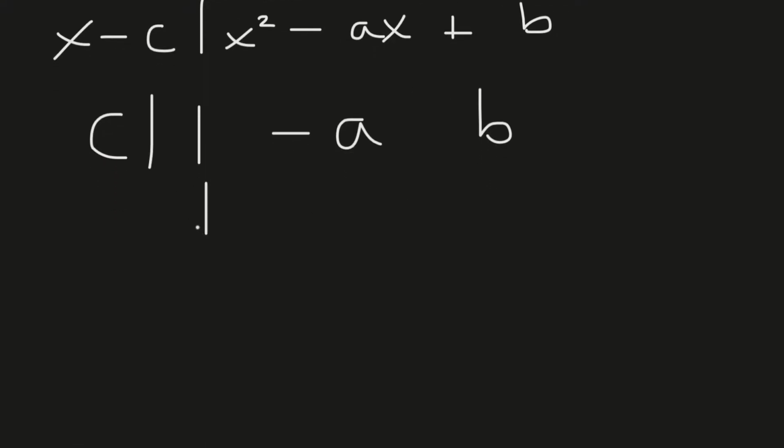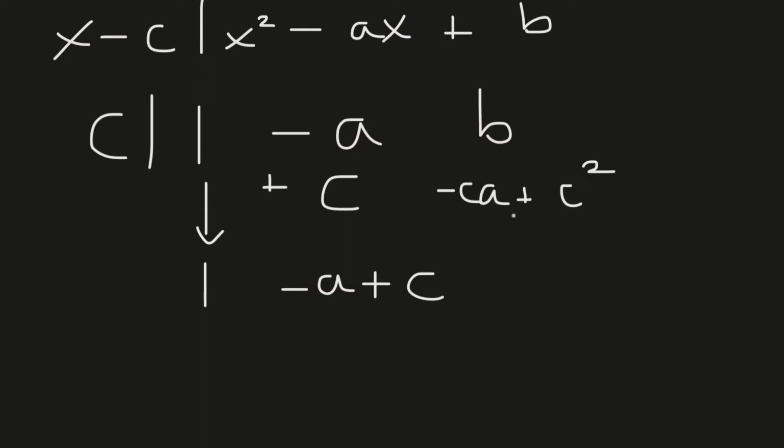Bring down the leading coefficient to the bottom row. The solution will soon be in sight. Multiply C by this value and place this value underneath the next coefficient. Add the values of the column together, multiply again, then repeat until done.